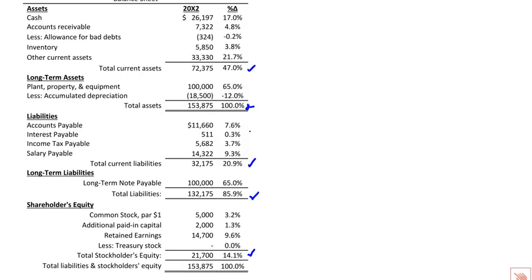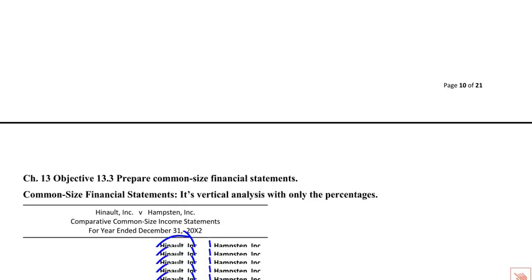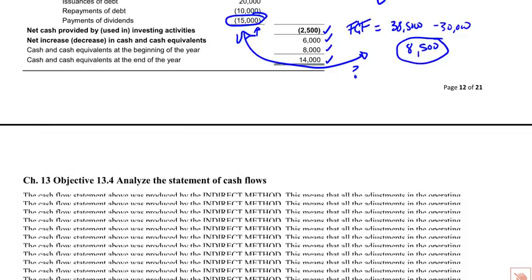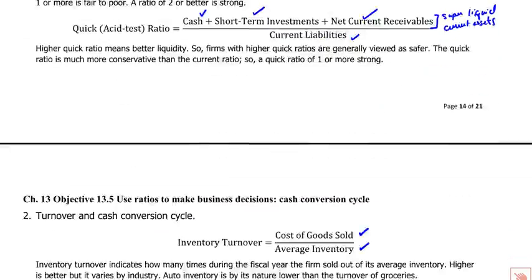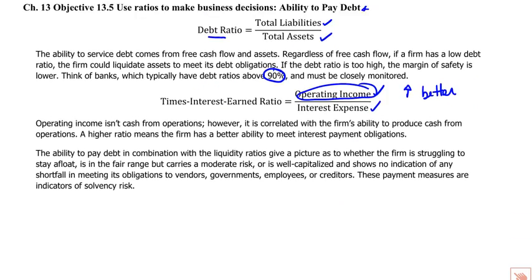Nope, this balance sheet just has 1 year. So if you were stuck with 1 year, you'd have to say the average is 21,700. But typically, if you have 2 years, you take the 2 years and divide by 2. That's how you get the average balance sheet measure. Okay, but the income statement items will just be for the current year. You don't average income statement or cash flow items.